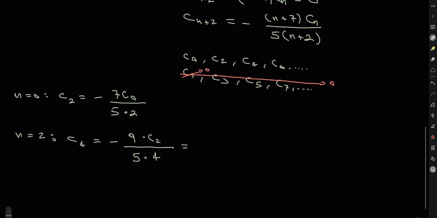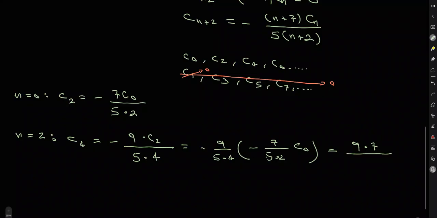But you might want to write c sub 2 in terms of c sub 0. So in this case, that'll be negative 9 over 5 times 4 times c sub 2, which is negative 7 over 5 times 2, and that times c sub 0. All right? So that'll be negative times a negative equals positive 9 times 7 divided by 5 times 5.